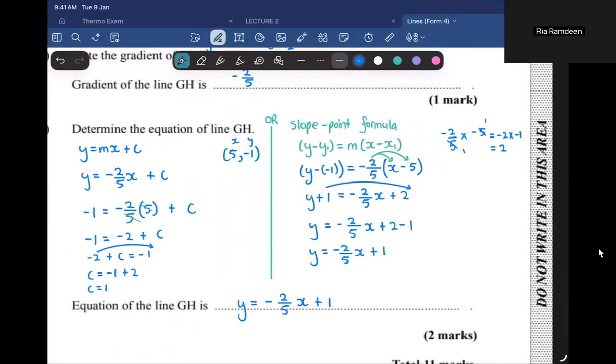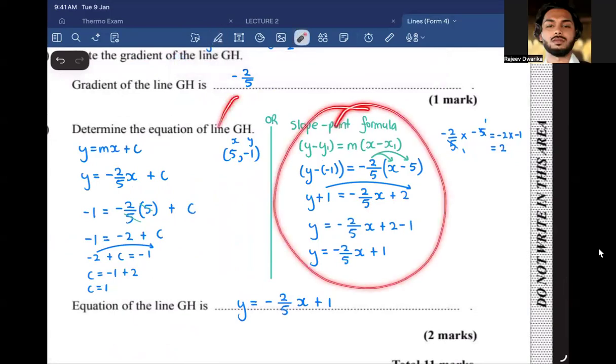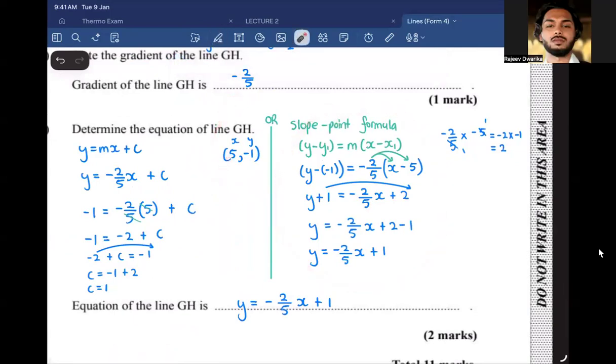Which one looks easier for this question? The normal method. I'll be honest, I just use this one. I hardly use the other. But when I was teaching, this one kind of looks a little easier.